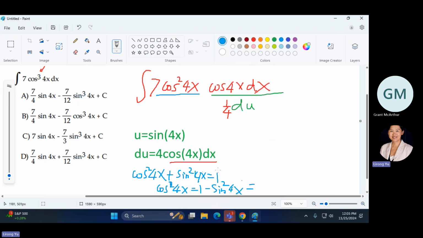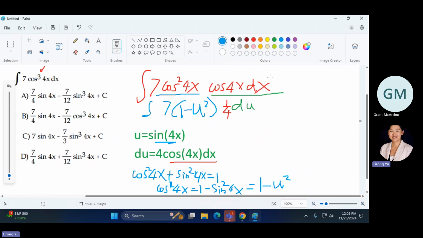What's sine squared 4x? It was u, right? So that's 1 minus u squared. So over here, this part is going to be 7 times 1 minus u squared, and then integration. So that's how we can convert it to an integration with the u variable, and that's why it works out as the substitution method.